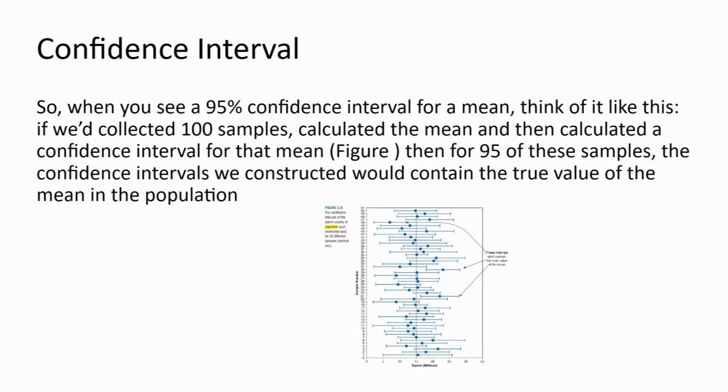Now, let us take an example. If you see an image downstairs, this is taken from Andy Field, chapter 2, figure 2.8. This is very important. Let us not go into the detail of the experiment right now too much.